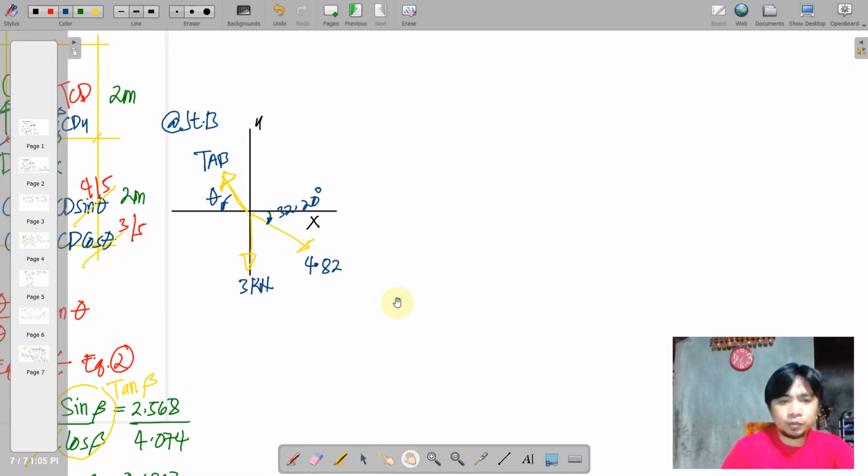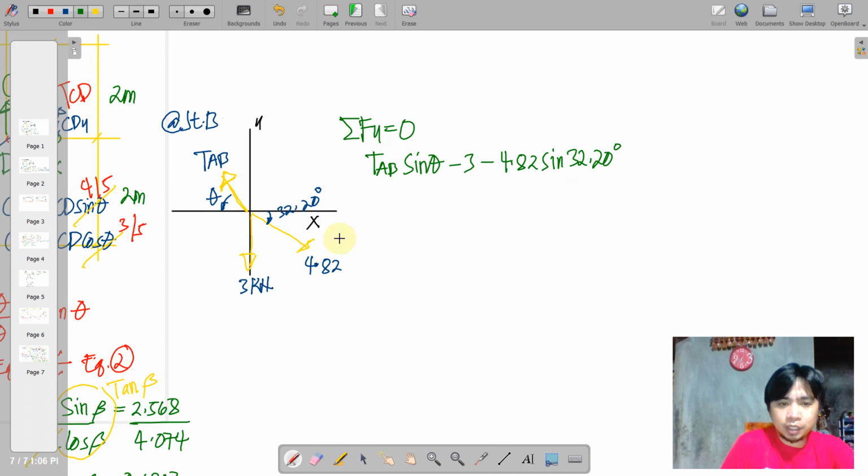So just the same, we write the equilibrium equation. So start with y, an upwards TAB times sine theta. Of course, your component here is opposite your reference angle. So we use sine, less the downwards 3 here, less your component of 4.82 along the vertical.